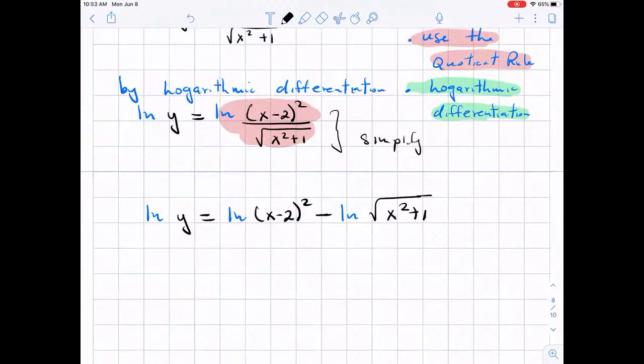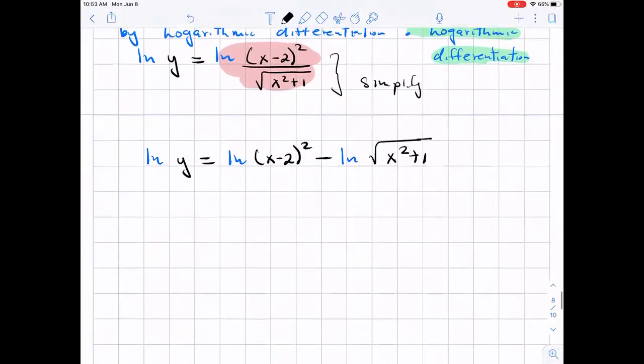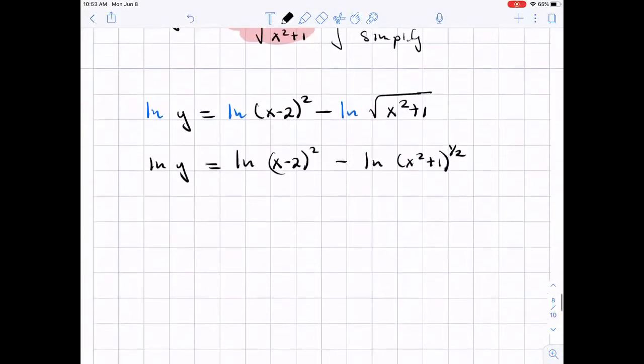If we further simplify this without taking the derivatives, this is the same as ln of y equals ln of (x minus 2) squared minus ln of (x squared plus 1) to the 1/2 power. So all we did here was rewrite.